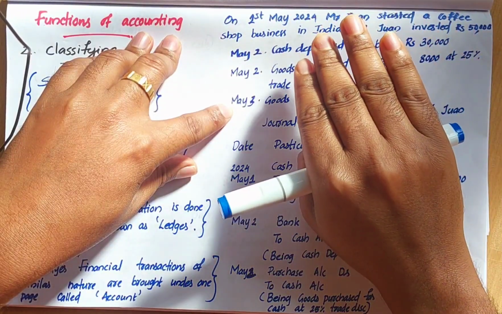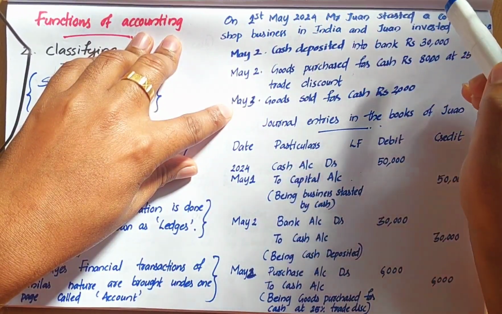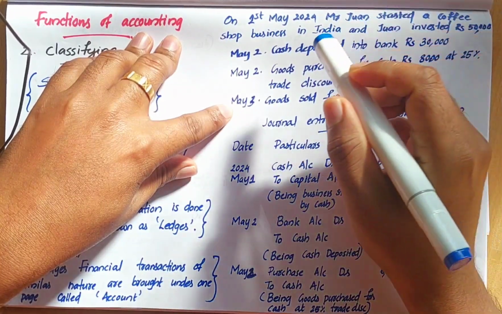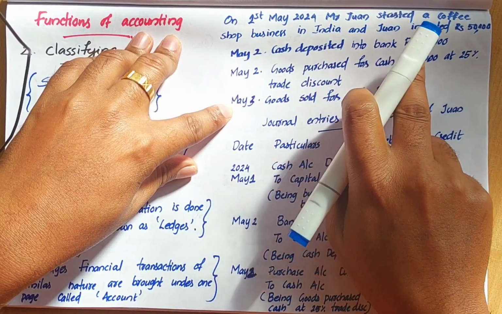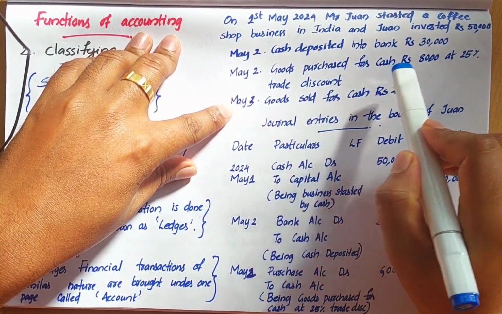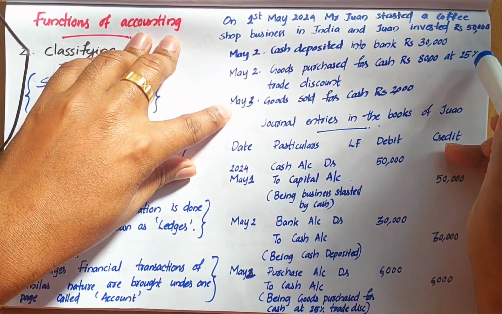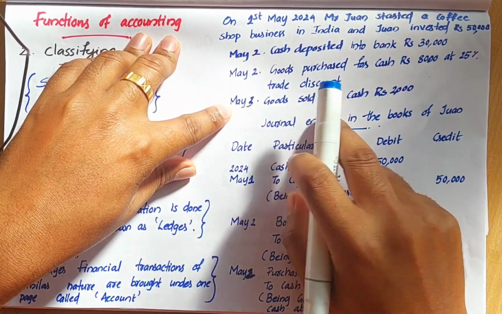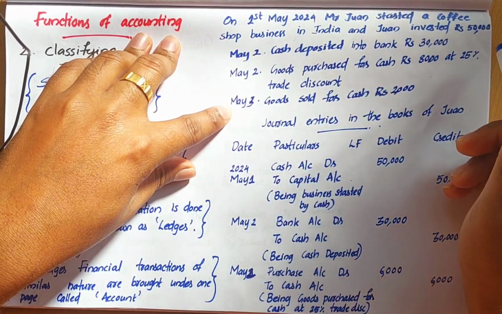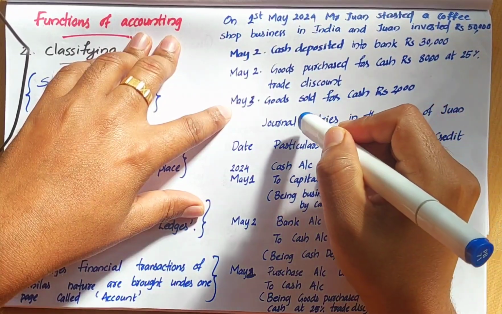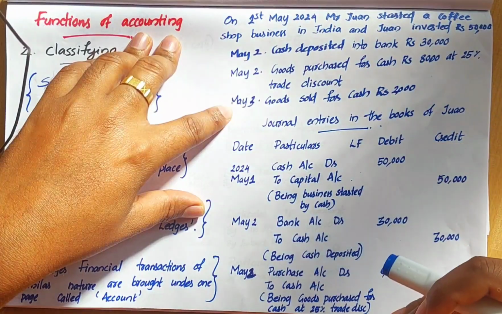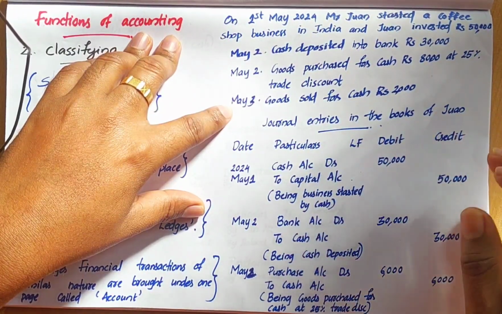First we will do the journalizing for all these 4 entries, then we will go to the ledger. That is what we are doing in this video.